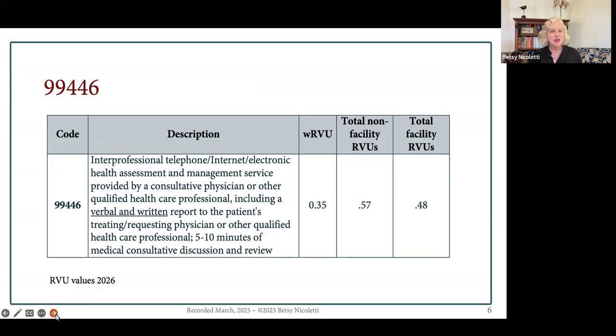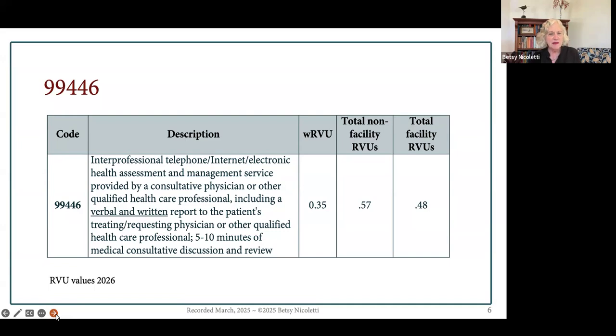99446. Interprofessional telephone, internet, electronic health assessment and management service. An assessment and management service provided by the consultative physician or other qualified healthcare professional, including a verbal and written report to the requesting clinician.